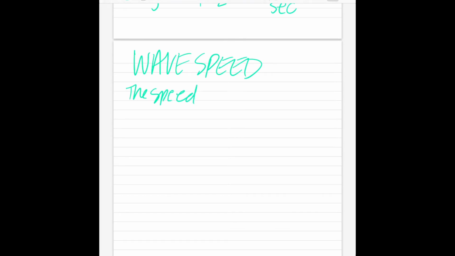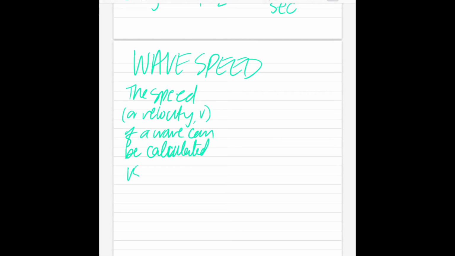Okay, let's talk about wave speed. Here's the formula you need. The speed or velocity, which is the v, of a wave can be calculated using the wave equation.